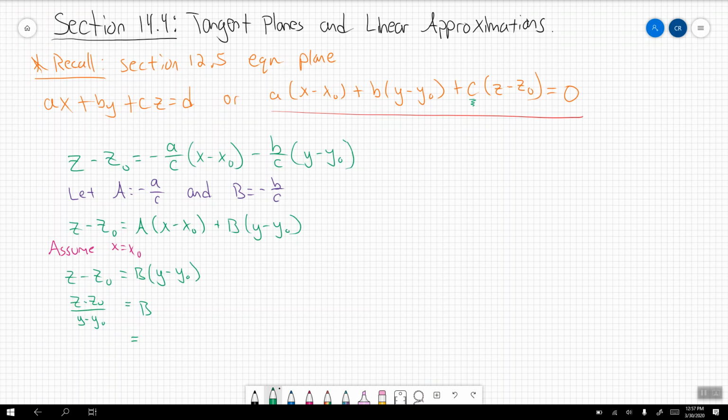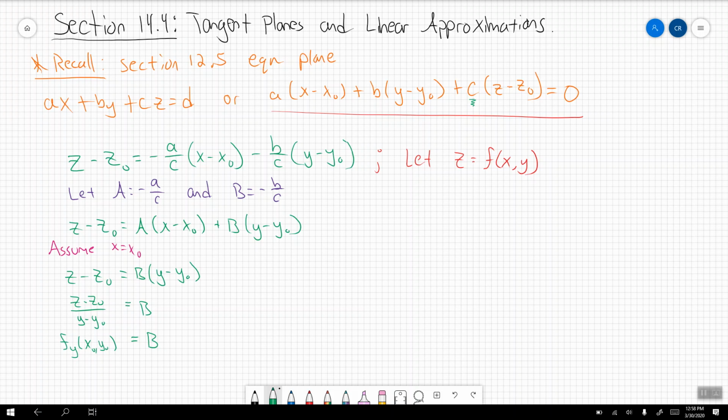So the function for z we're going to assume at this time, let z is equal to f of x y. And if this is the case, then the b coefficient is the partial of that function with respect to y at that ordered pair, x naught, y naught.